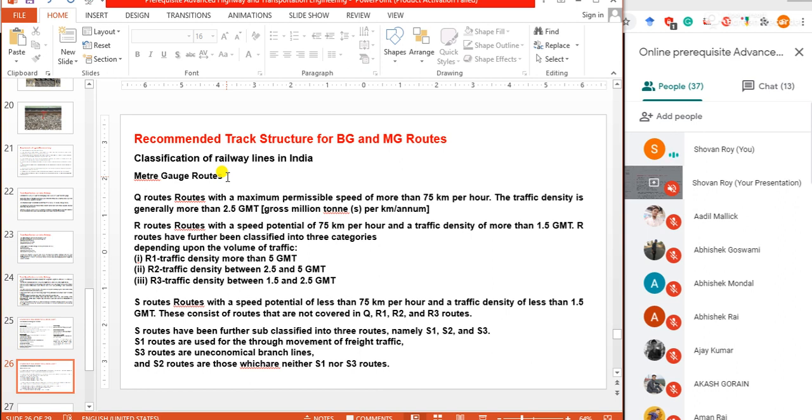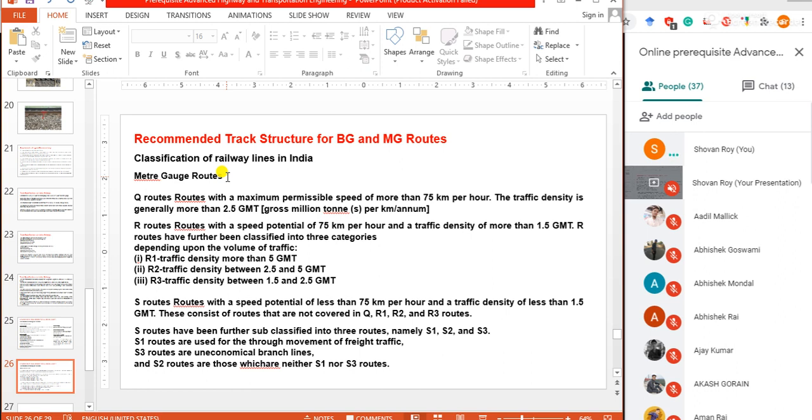R routes have further been classified into three categories depending upon the volume of traffic: R1, R2 and R3. R1 has traffic density more than 5 GMT, R2 between 2.5 and 5 GMT, R3 between 1.5 and 2.5 GMT. S routes have a speed potential of less than 75 km per hour and a traffic density of less than 1.5 GMT, and consist of routes that are not covered in Q, R1, R2 and R3.